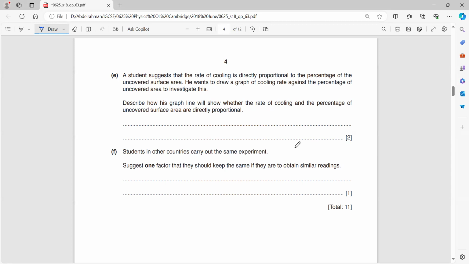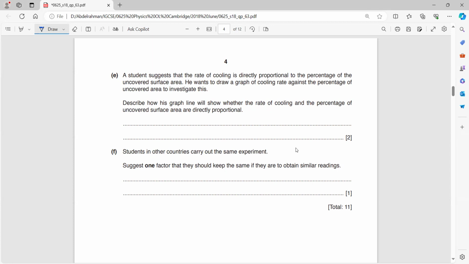No, not bars. We never draw bar graphs in physics. It's usually a line graph. But again, what are the two properties of directly proportional graphs? We stated them before.